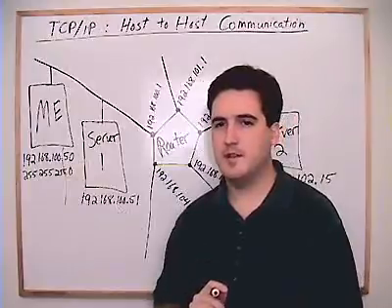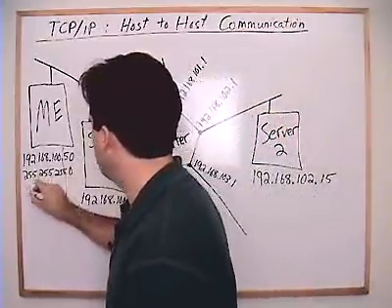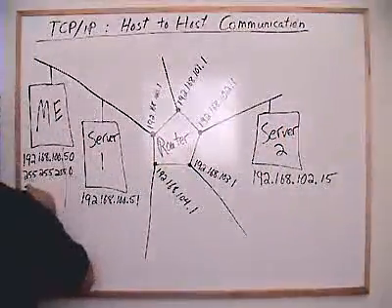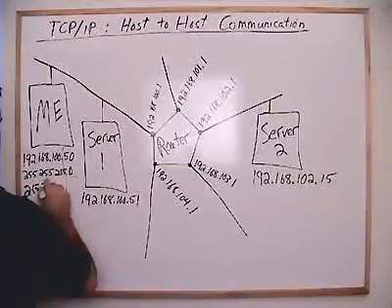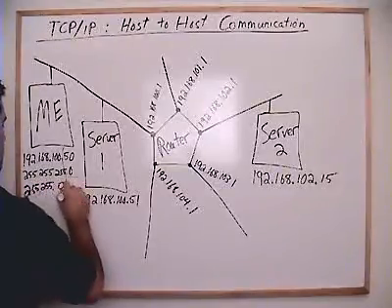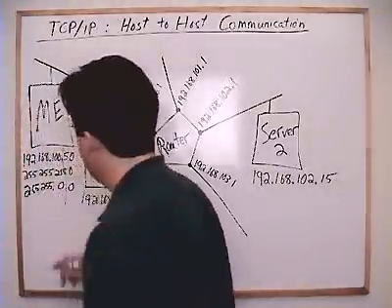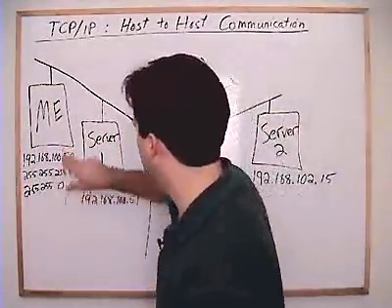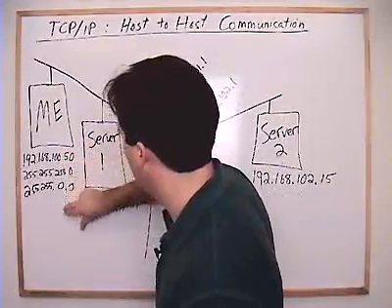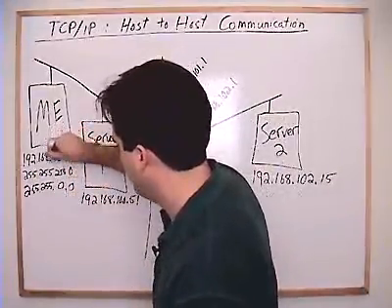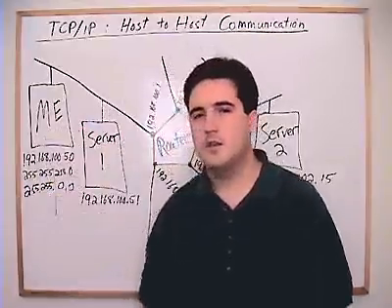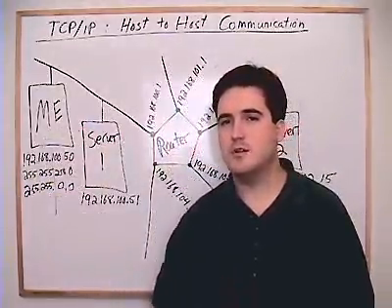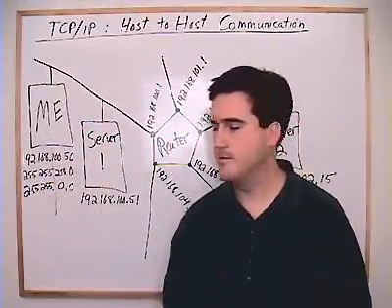If I were to set up a subnet mask of 255.255.0.0, then my network to host separation would become right here. So now I'm on the 192.168 network.